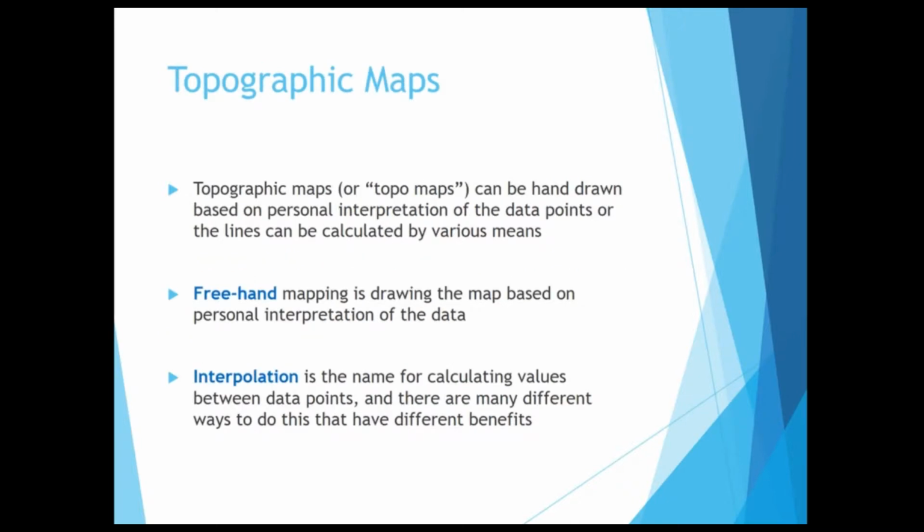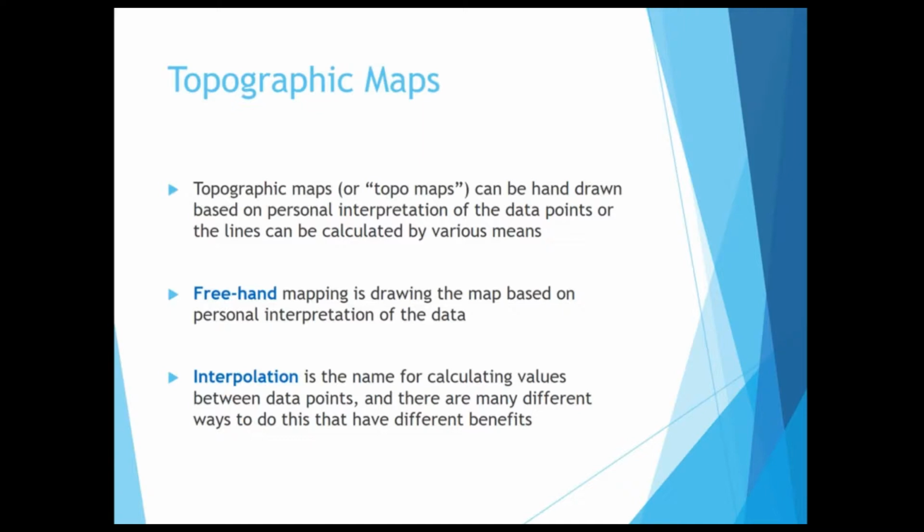Depends on the scope of the project and the data set available. Topographic maps, often called topomaps, can be hand-drawn based on personal interpretation of the data points, or the lines can be calculated by various means. Freehand mapping is drawing the map based on personal interpretation of the data.